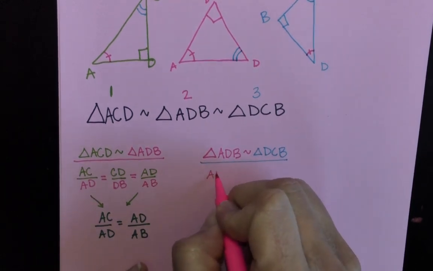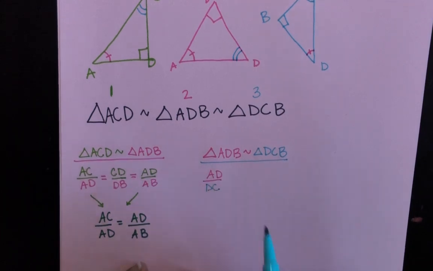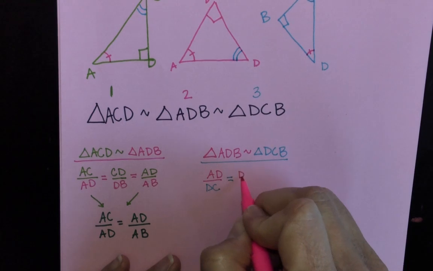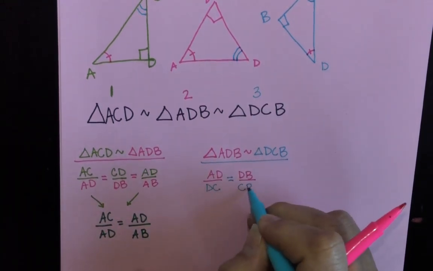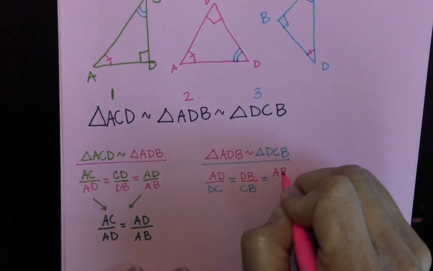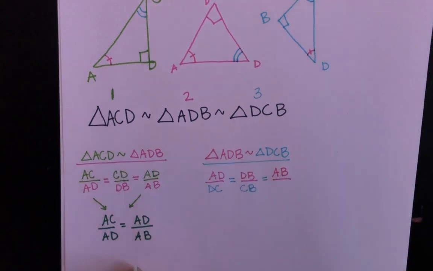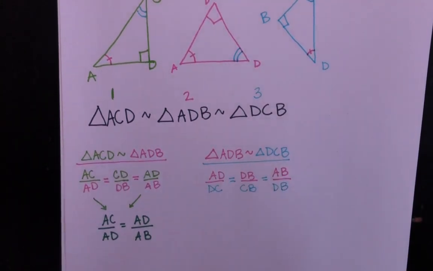We have AD is the first two letters, DC, first two letters, DB, second two, CB, second two, and then AB, first and last, DB, first and last.